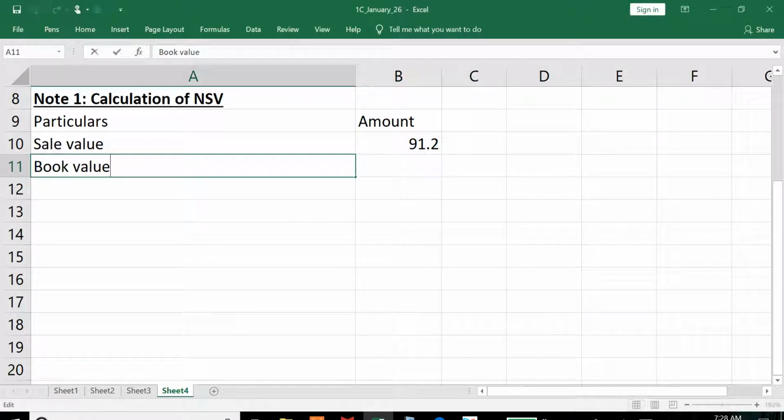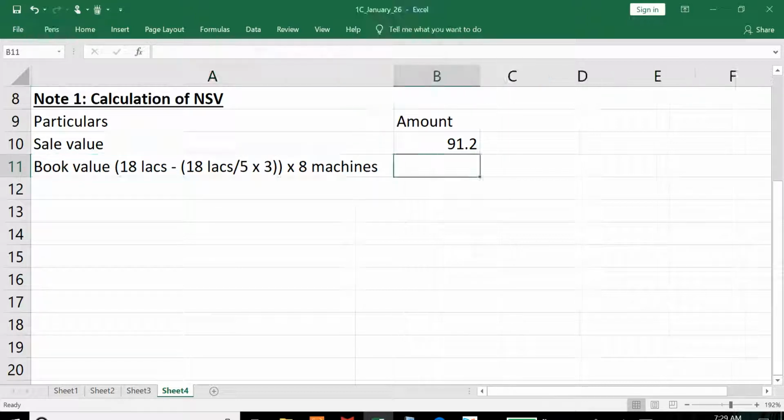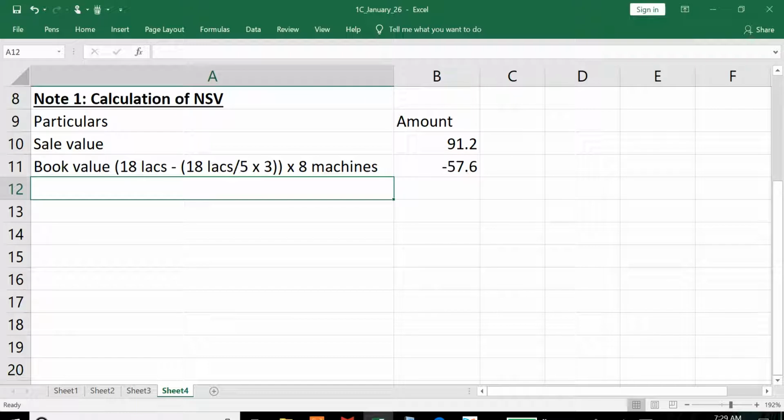So the calculation is 18 lakhs minus 18 lakhs by 5 into 3, and we'll finally multiply this by 8 machines. Basically it is 7.2 into 8.